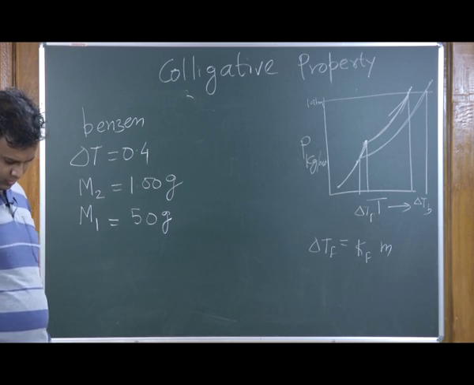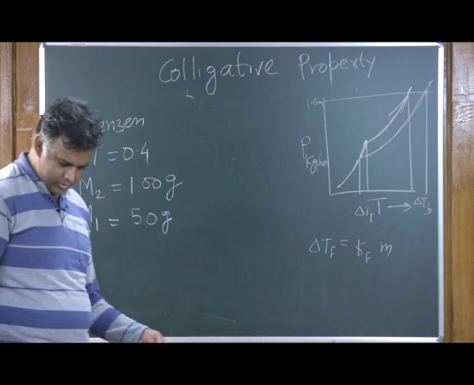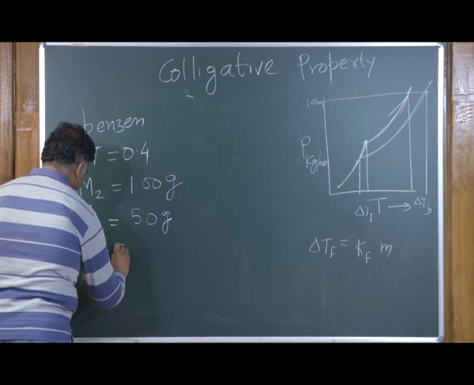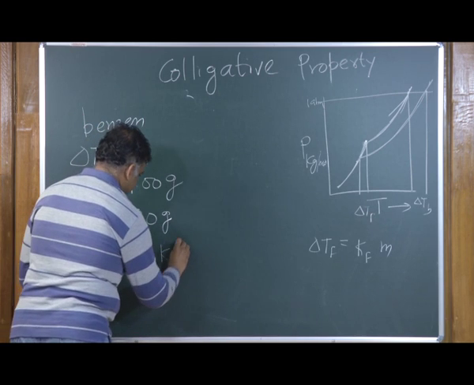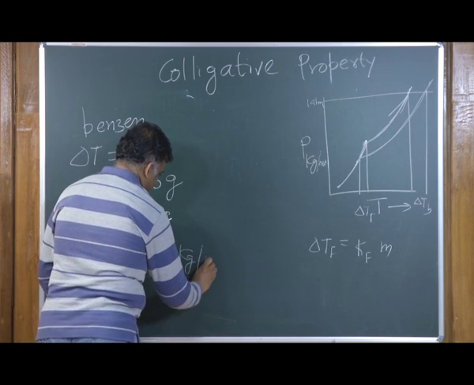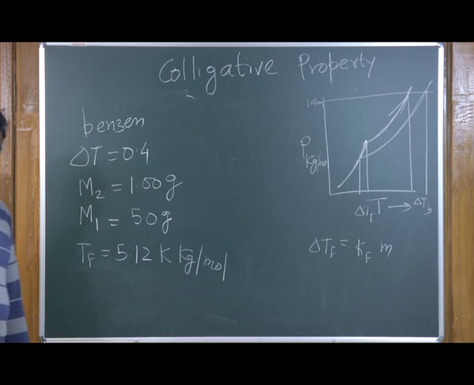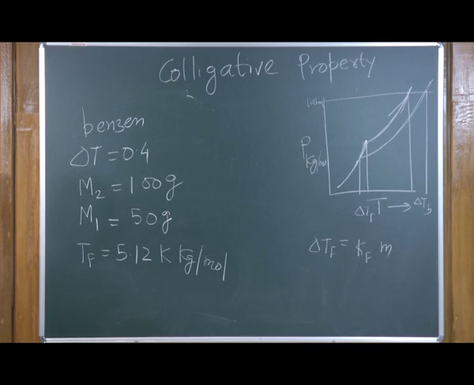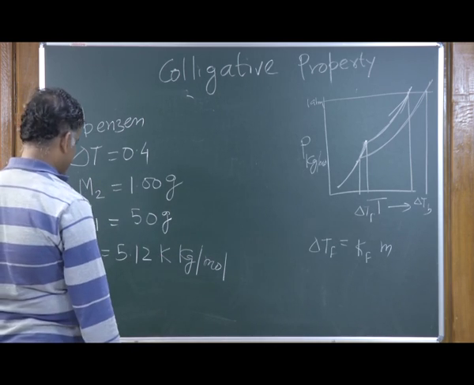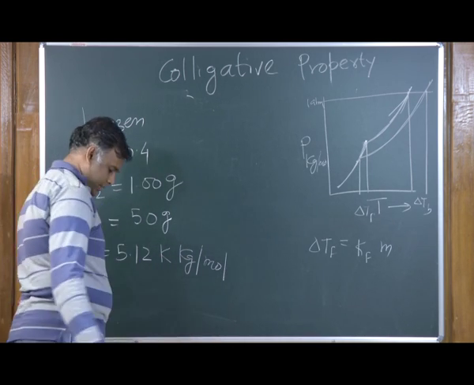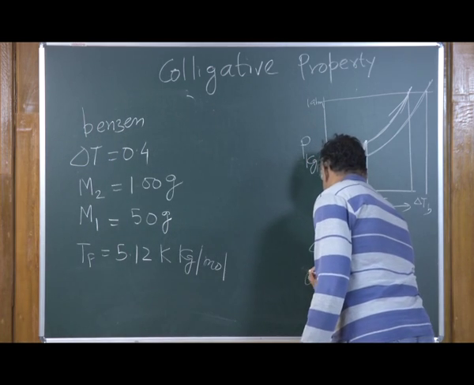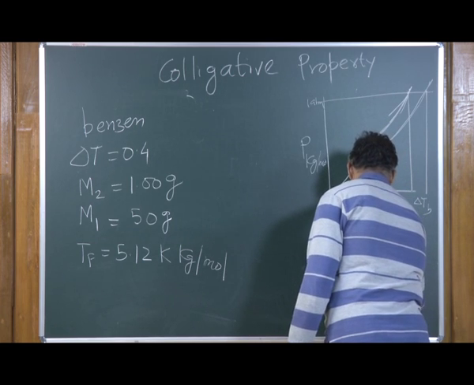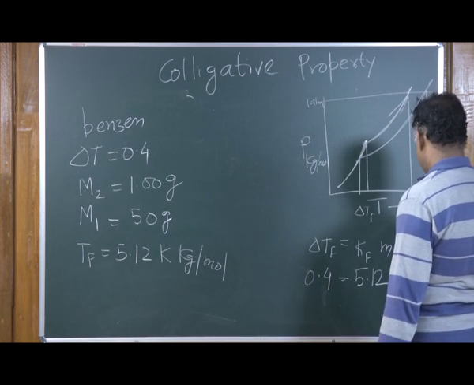The freezing point depression constant for benzene is 5.12 Kelvin kg per mole. So, we are given Kf also, which is 5.12 Kelvin kg per mole. Find the molar mass of the solute. Okay. So, we are again going to use the same formula. We are given delta T, which is 0.4, Kf is given 5.12, and we need the molality.